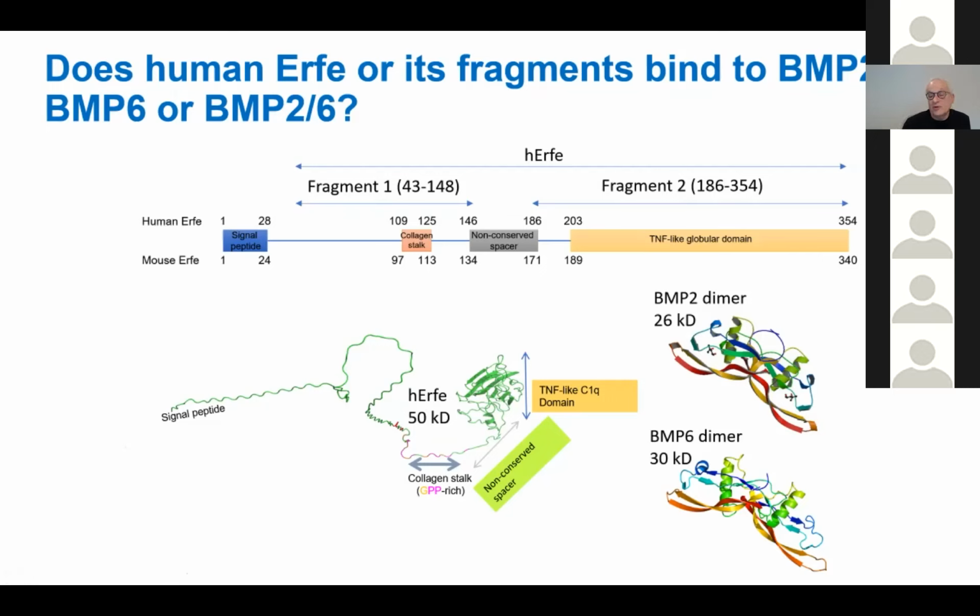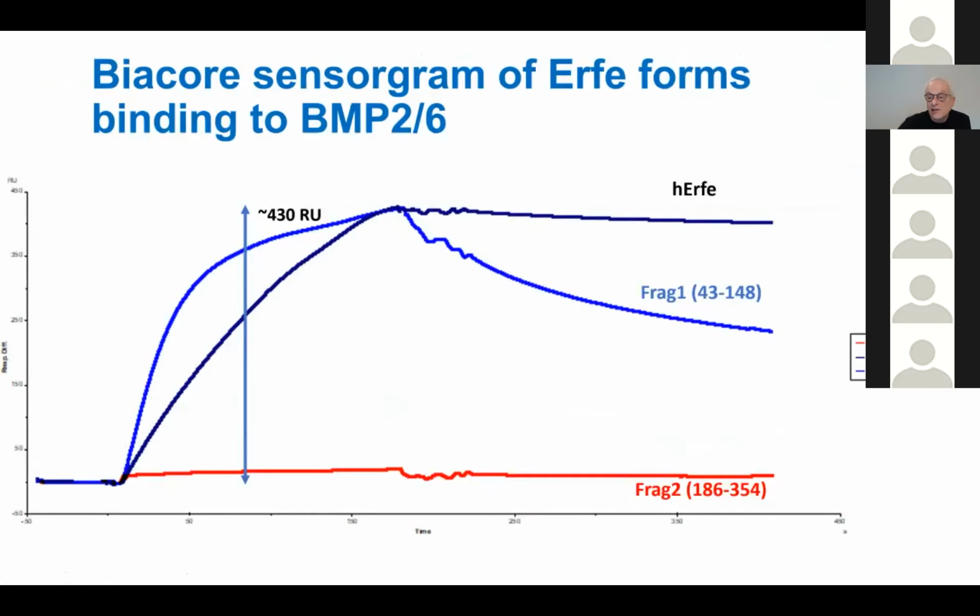not expect it to be active, but as it turns out, if you do a Biacore sensorgram of the N-terminal half versus the C-terminal half of ERFE, the C-terminal part, the TNF-alpha-like globular head, does not interact with the BMP2/6. In this case, we anchored the BMP2/6 heterodimer on the chip.